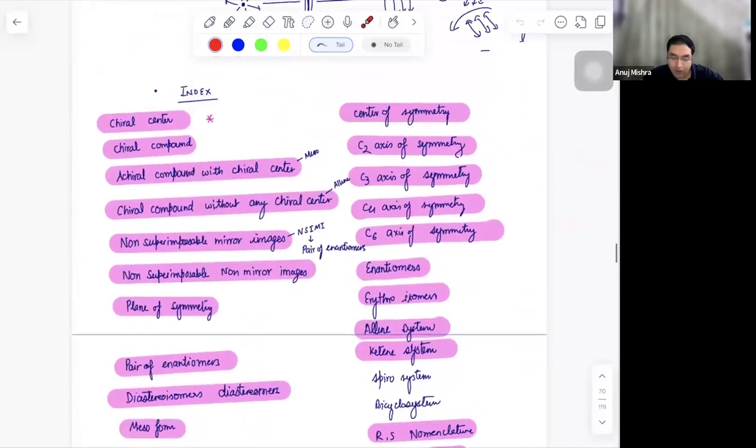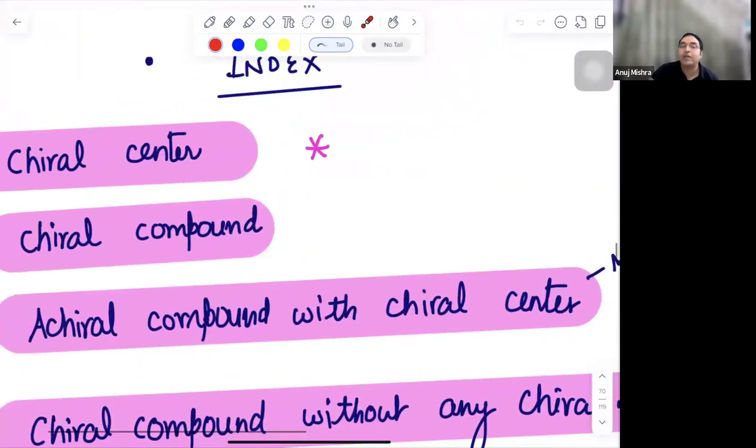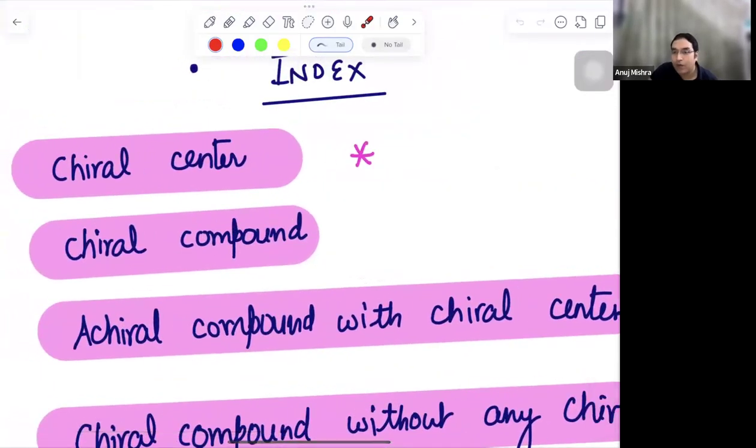Okay, now see, few things we already know. For example, the first term, what is chiral center? You know that? So whatever you know can mark that this is done. Chiral center we know. Everyone, can we mark chiral center is done? Okay. Chiral compound, a compound which is showing chirality, right?